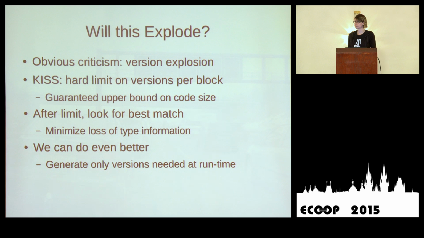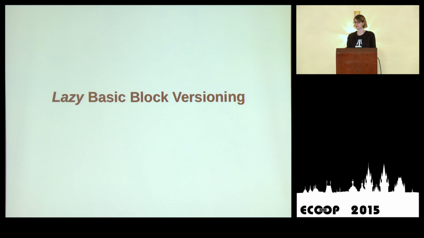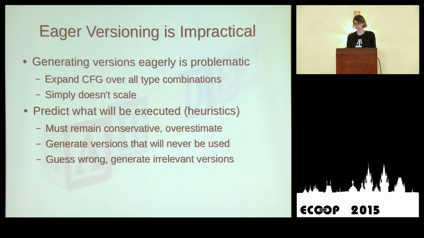But we can actually do even better than just putting a hard limit. Possibly we can generate only the versions that are needed at runtime. And this is where lazy basic block versioning comes in. Generating basic block versions eagerly is problematic, because if you want to expand the control flow graph for all possible type combinations, it simply doesn't scale.